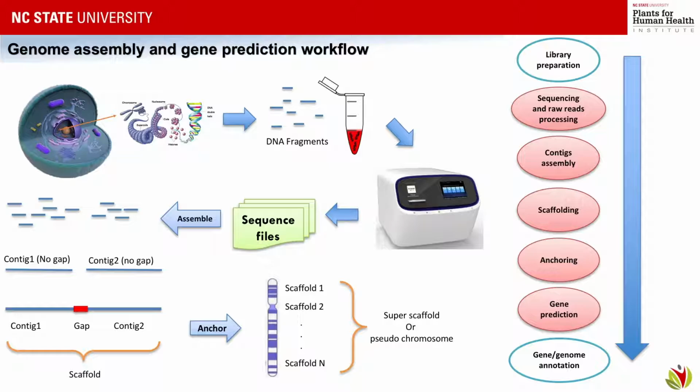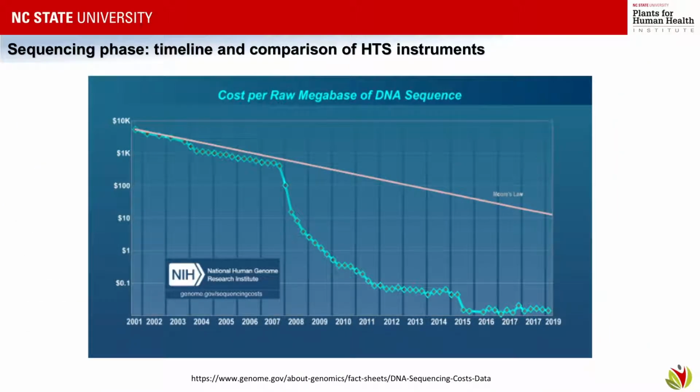I'm going to talk about these 5 steps a little bit more in detail and the challenges that we face. Let's start with the sequencing. Actually, the sequencing phase started in 1997, I think, with the Sanger sequencing. And the cost of sequencing, as you can see here in this plot, was quite expensive.